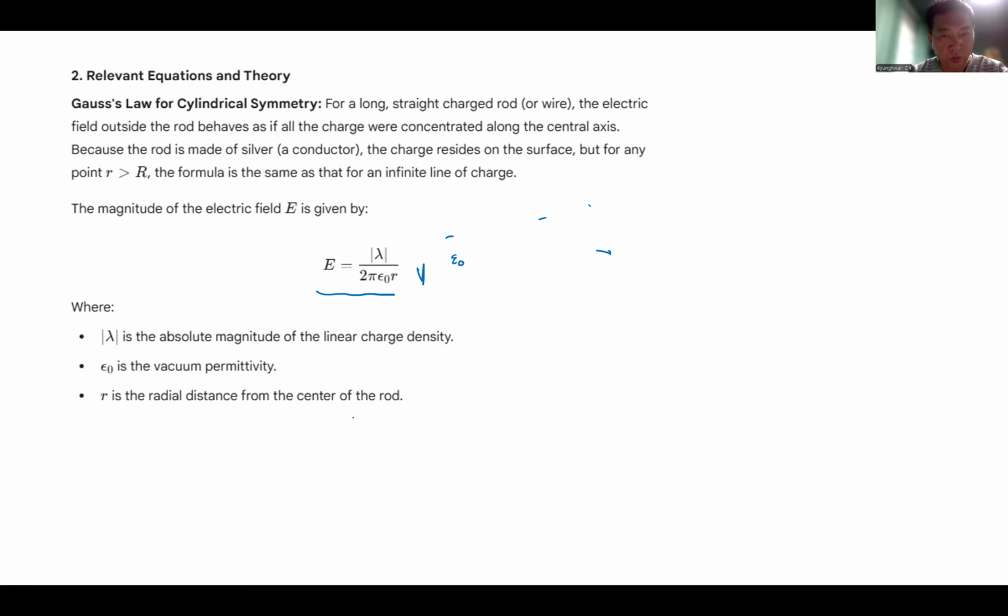And in this case, we have used the line charge distribution, and then we take the cylindrical Gaussian surface. Okay, so that's the key thing you need to remember.